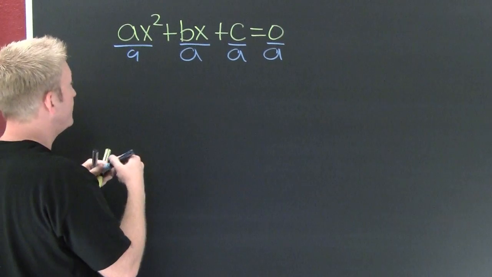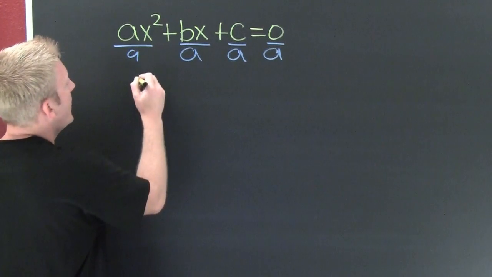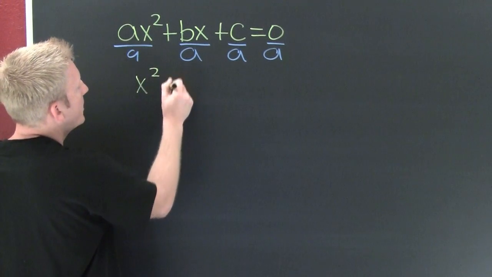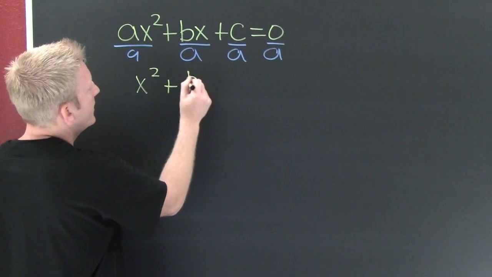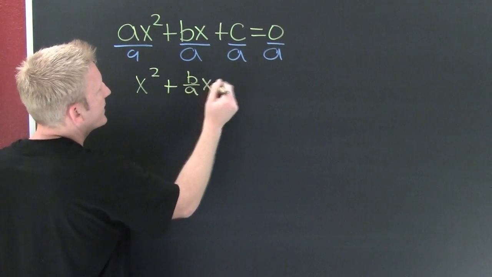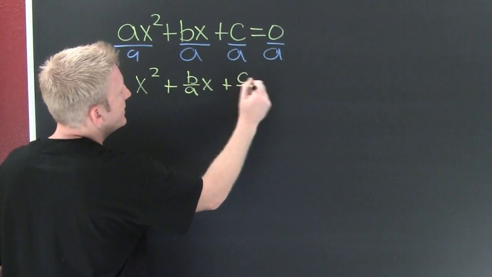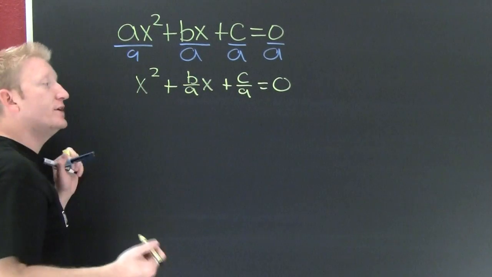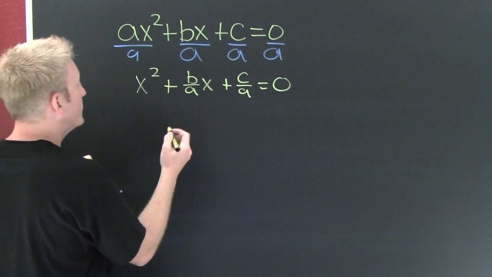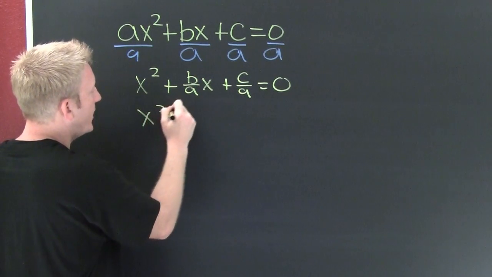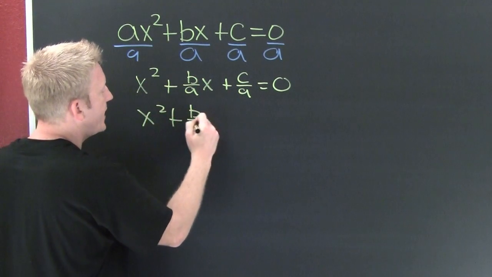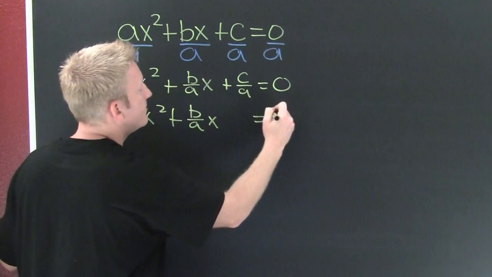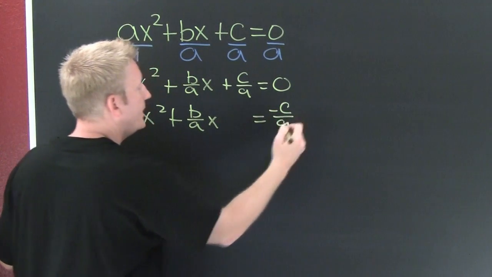I'll be left with x squared plus b over a x plus c over a, equal to 0. Now I want to shove my constants. So then I got x squared plus b over a x is minus c over a.